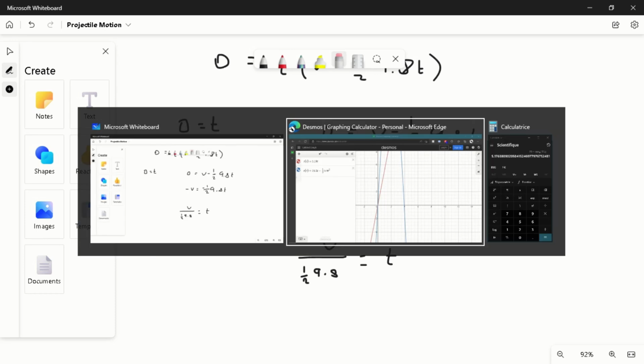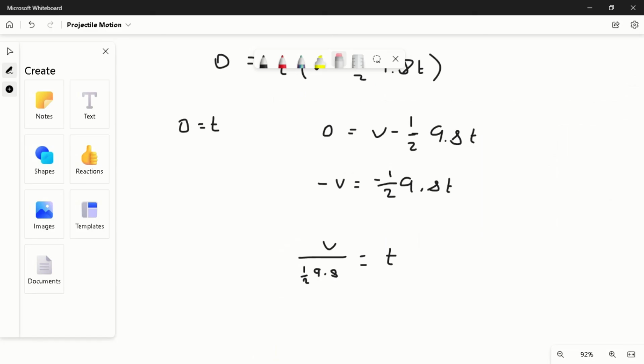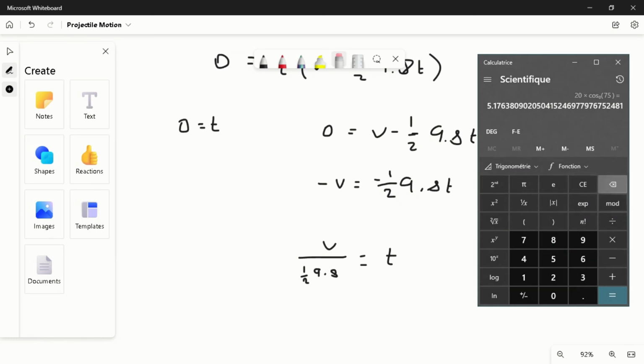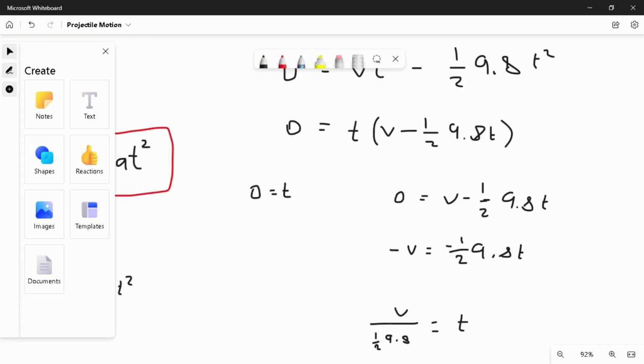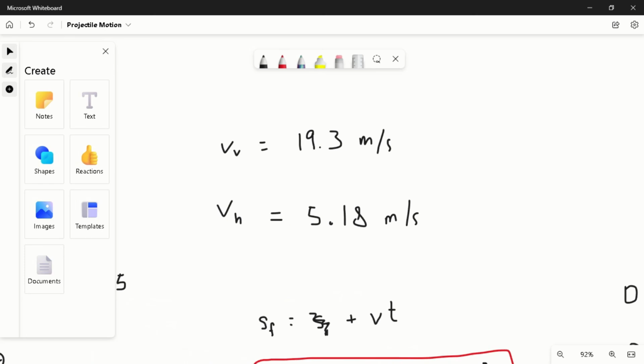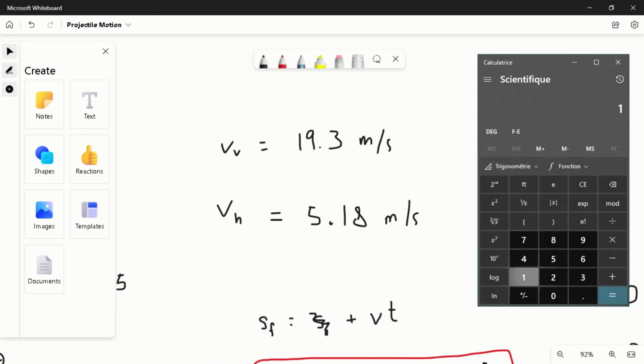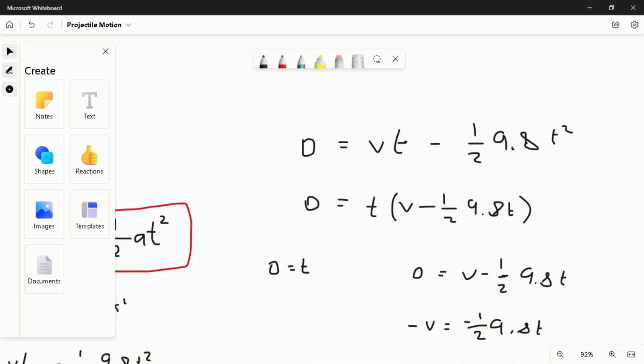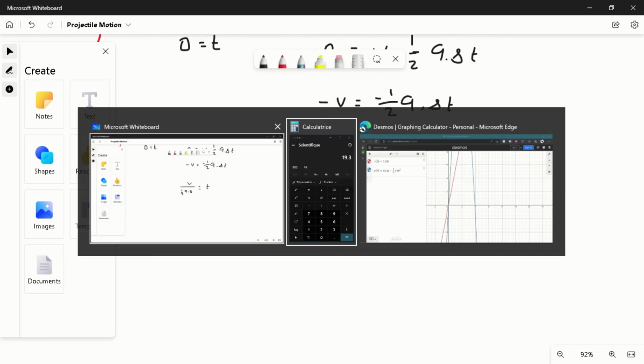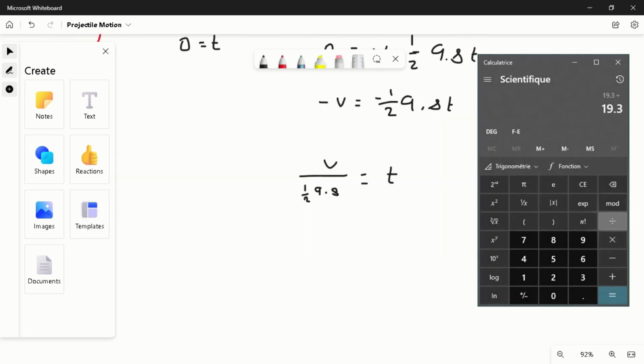So we can check that real quick and see if it matches up with a little under 4 seconds. We said our vertical velocity was 19.3. I'll put our equation for time again so you can see what I'm doing. We get 19.3 divided by one half, which is just 0.5, times 9.8. I want to put this in parentheses to make sure the calculator follows the right order.